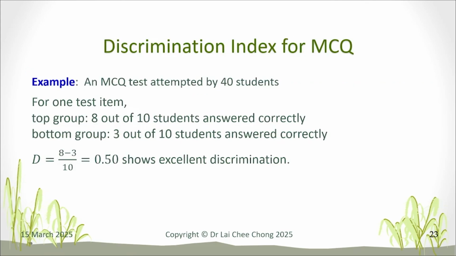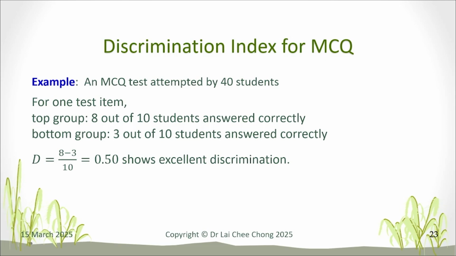Now, start with a simple one on MCQ. Let's say that this is one MCQ test attempted by 40 students here. I'll take one test item, okay? Let's say the top group got 8 of them out of 10. So my group size is 10, right? So 8 out of 10 scored correctly for the top group. The bottom is 3 out of 10.